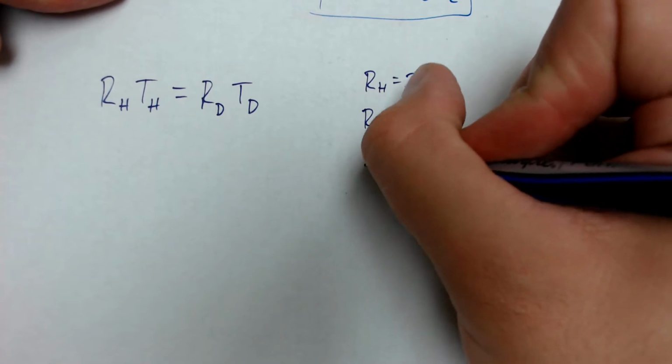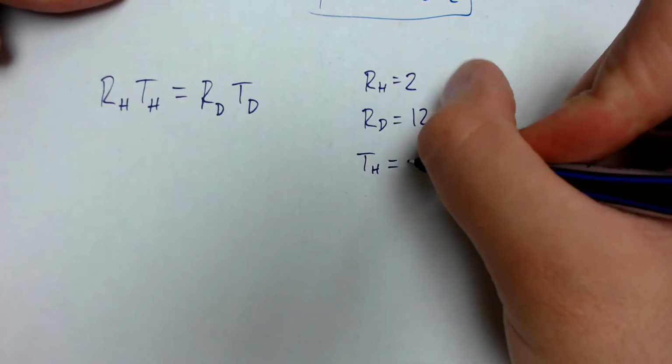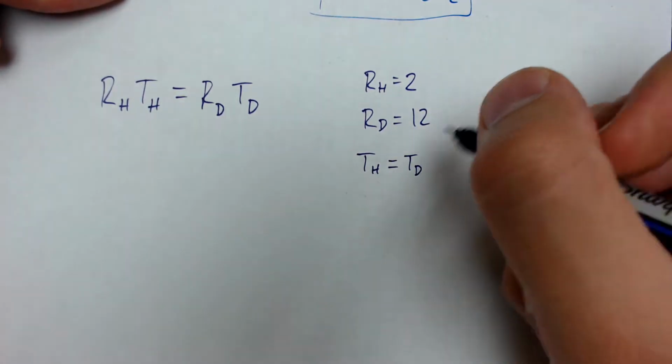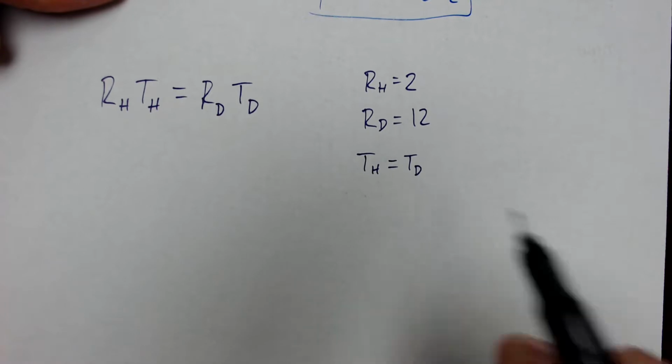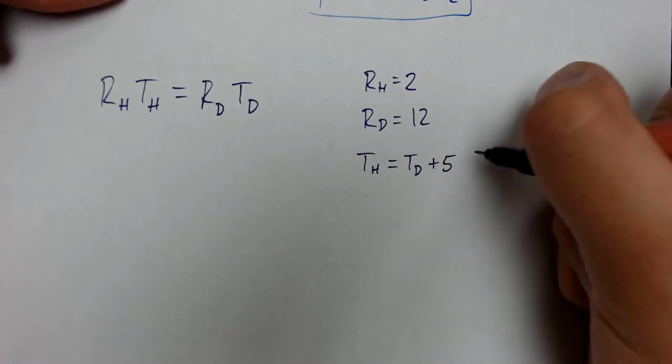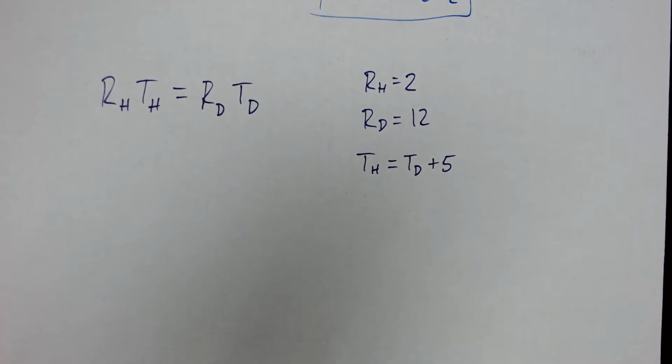Time of hiking took longer, so time of hiking equals time of driving isn't true. Since time of driving is the shorter time, I have to add 5 to it. So time of hiking equals time of driving plus 5. That's all they give us. They want us to know the times, and how far it is to the lake.